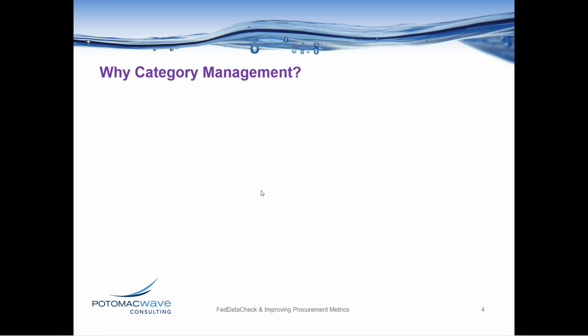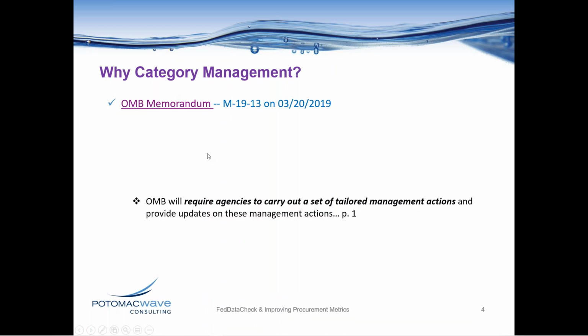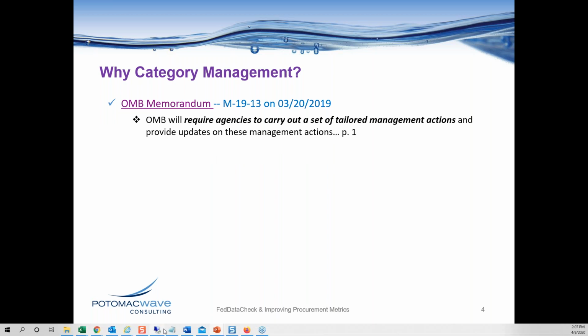Why category management? Why is this an issue? Well, from this OMB memorandum, if you look in the PowerPoint, if it's underlined, that means it's hyperlinked. OMB is requiring it.